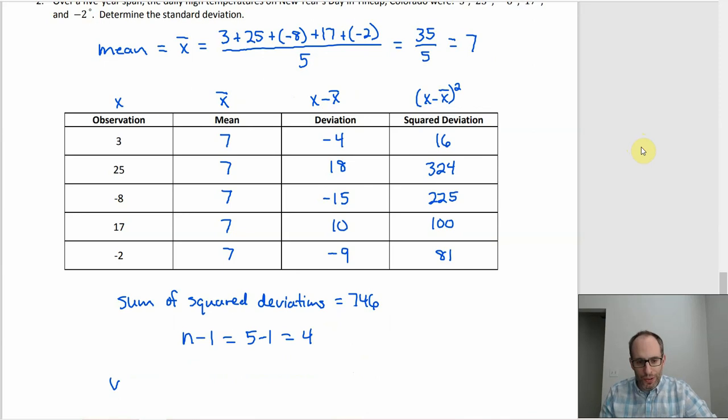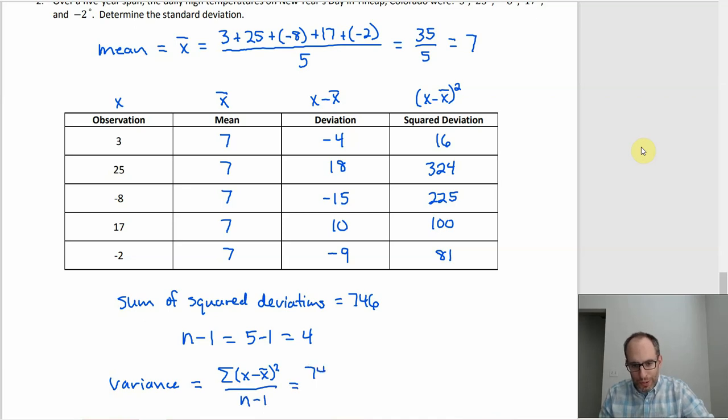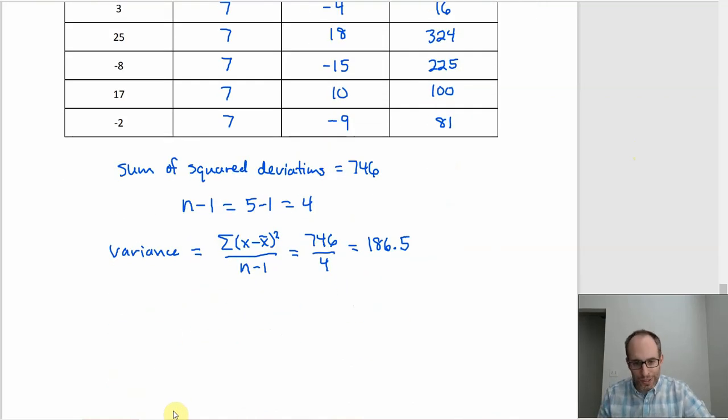And then the variance, all right, that's going to be the sum of the squared deviations, so the sum of x minus x bar quantity squared over n minus 1. That's going to be 746 over 4, and that works out to be 186.5. Well, if that's what the variance is, that would be s squared symbolically.